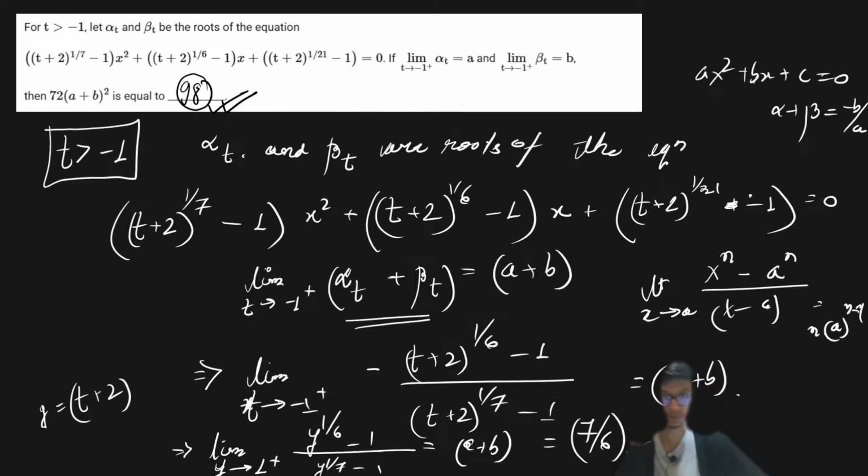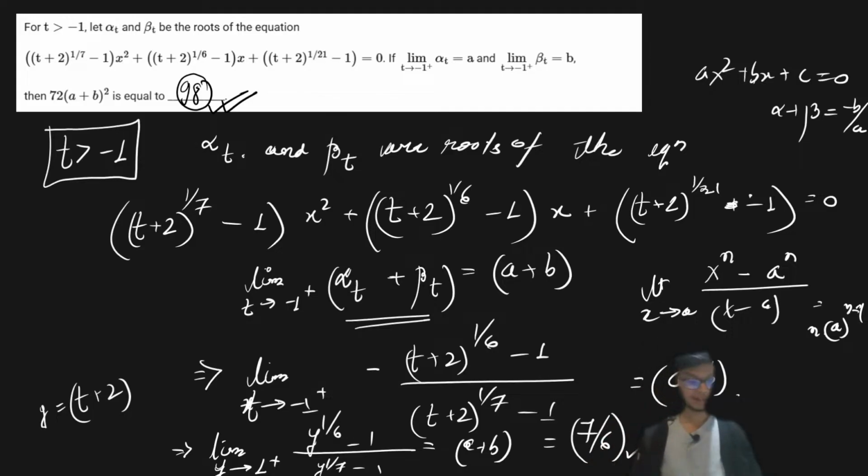It's a pretty simple question, and you just need to know the basics of roots and equations. This was a simple quadratic equation, and you definitely know it. The sum of the roots is basically equal to minus b upon a, and the product of the roots is basically c upon a, right? So if you recall those results, this question is really an easy question.